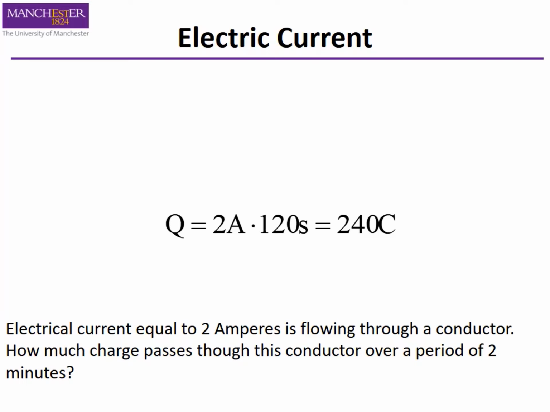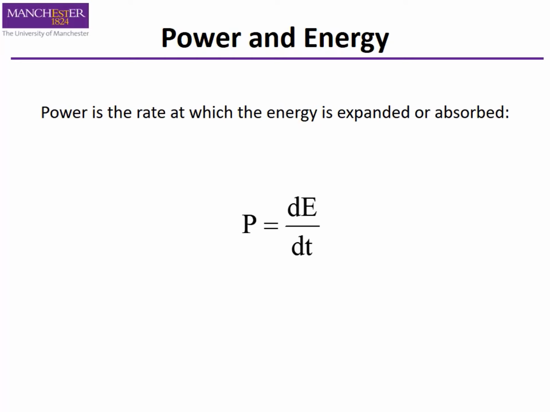In addition to voltage and current, we will very often be concerned with power associated with particular circuit elements. So what is power? Well, in general, power is the rate at which energy is expended or absorbed, and it's shown in this equation here, P equal to dE by dt.